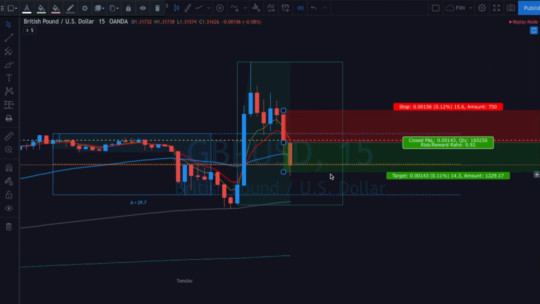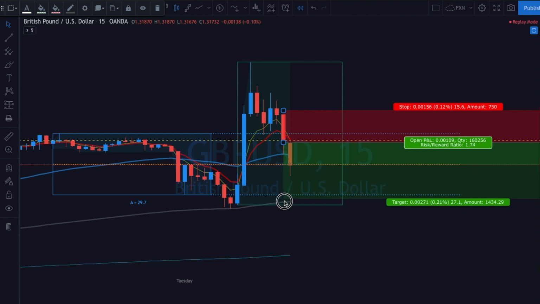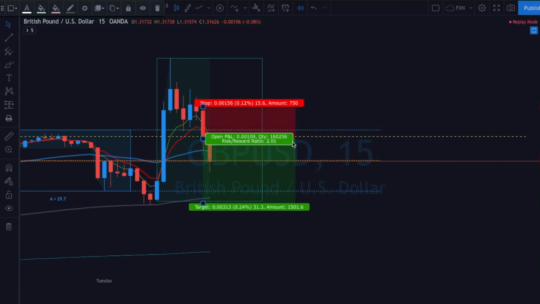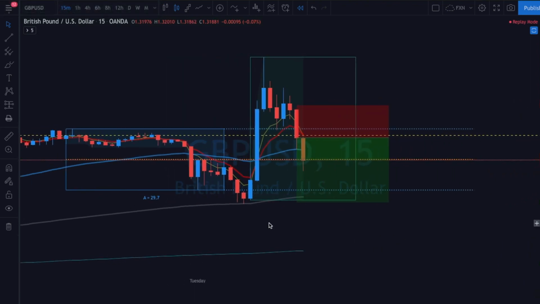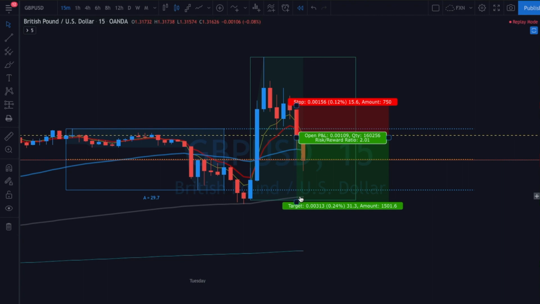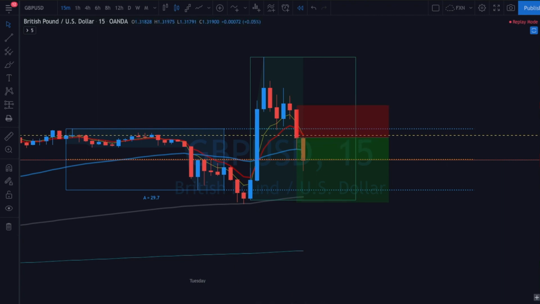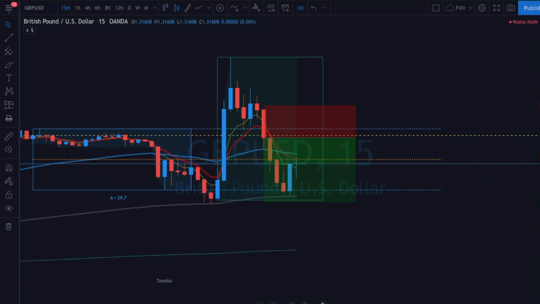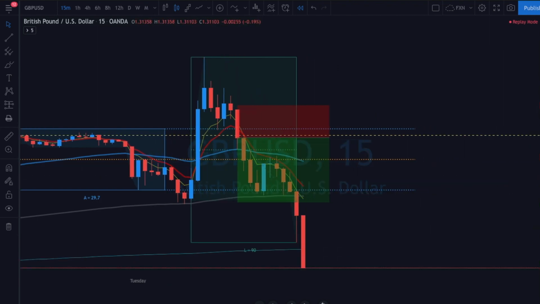Okay, so 15 pips stop loss, and then let's just say 30 pips is right here, so it gives you again about a 2-to-1 risk reward ratio. And we're using the 200 EMA as our take profit, right? So as we come down, of course, it literally comes down to the 200 and it passes it right here.